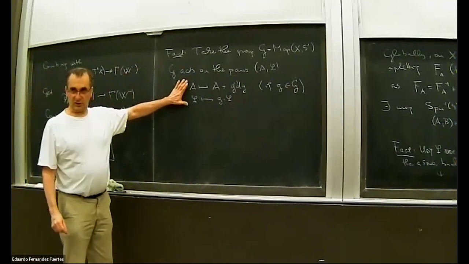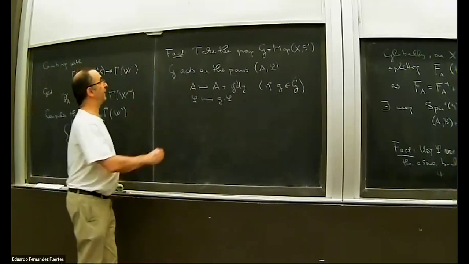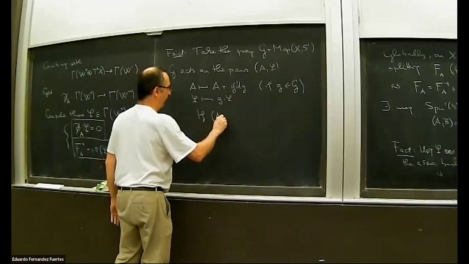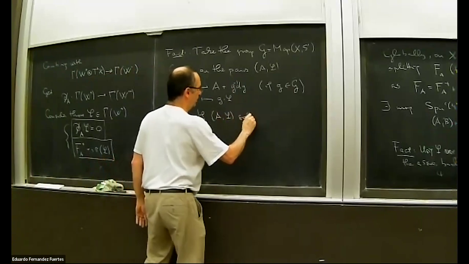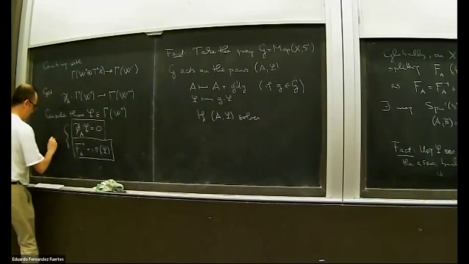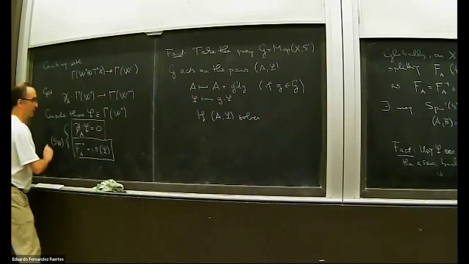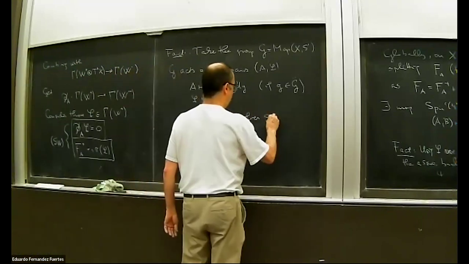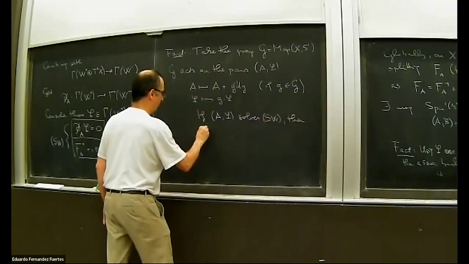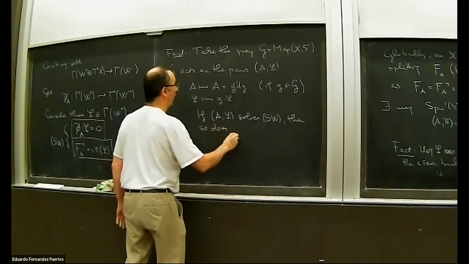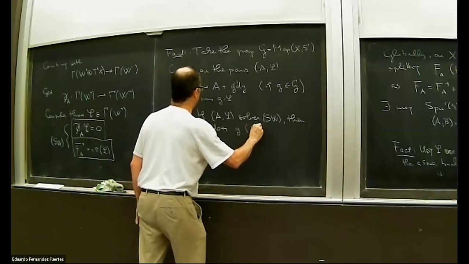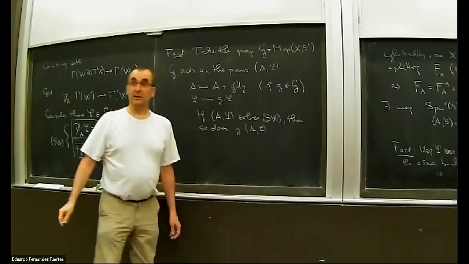We have this action on these pairs, and the fact is that if (A, phi) solves this equation, Seiberg-Witten, then so does this G applied to the pair.